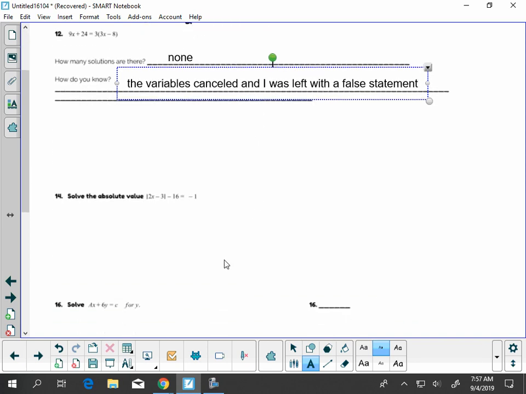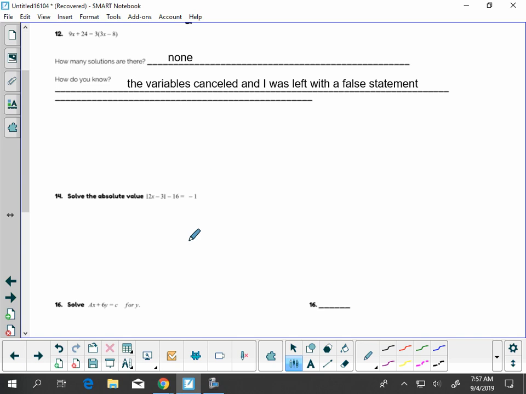All right, solve the absolute value. Well, before I solve it, I have to get the absolute value by itself. So I'm going to add 16. And when I do that, I get absolute value 2x minus 3 equals 15.